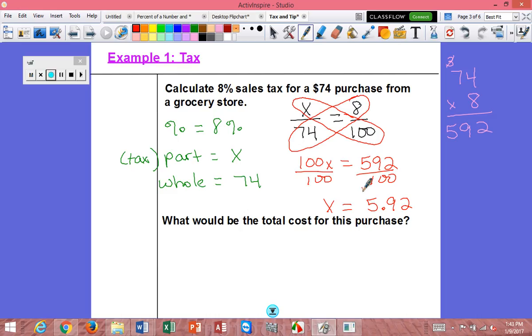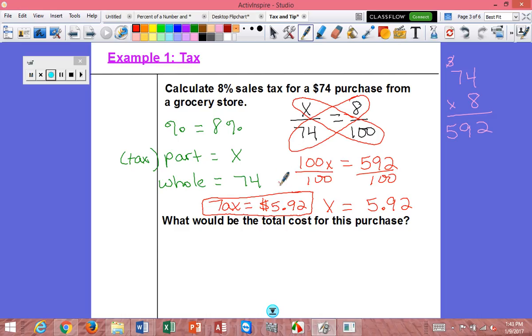This is money, so we always want to make sure we go out to the hundredths place because that's where our cents are. So that means the sales tax would be an additional $5.92. That's the amount of tax that would be added on to the original cost. We said this is going to be a dollar amount that's a lot less than 74, so $5.92 does make sense.